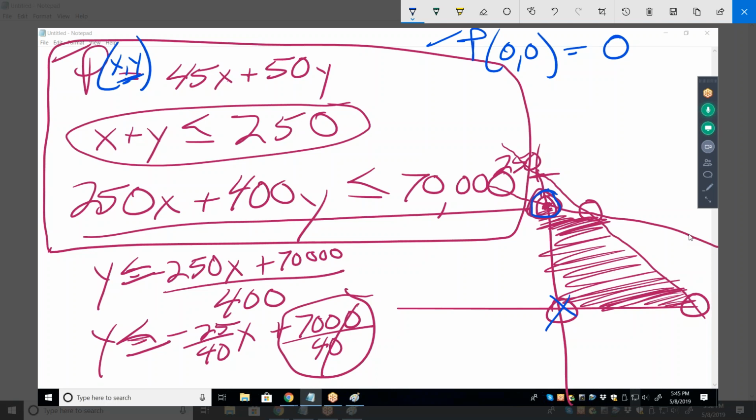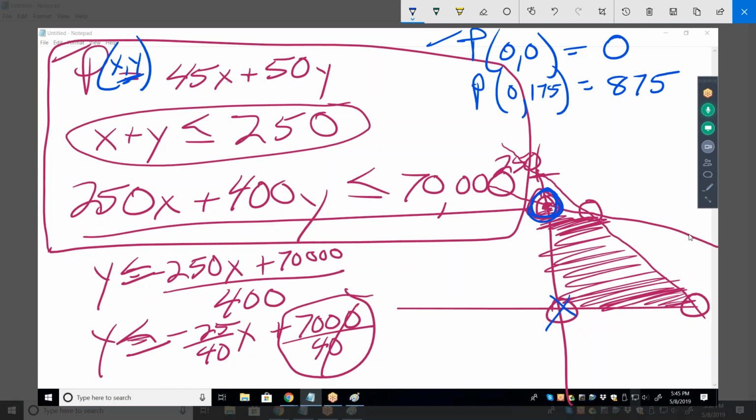Now let's check this answer up here. That is P of 0 comma 175. Right? Well, what's that profit? Do you have your calculator handy? Let me get my calculator. You should always have it in front of you.